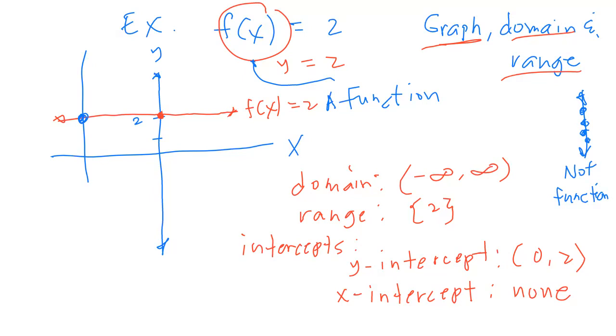Okay, so let's summarize all the formulas. Let's have that slope, and this is the m, and this is the rise over run.